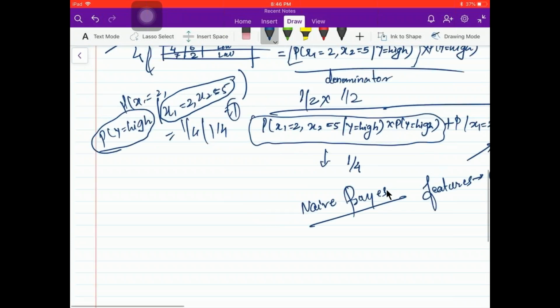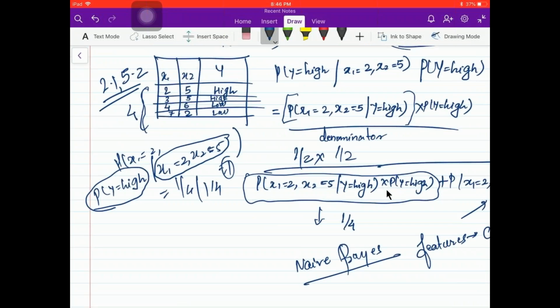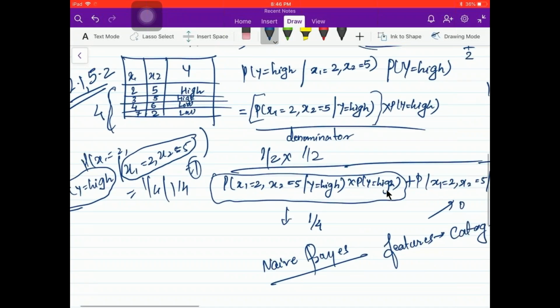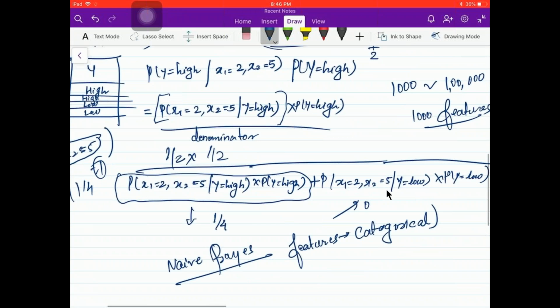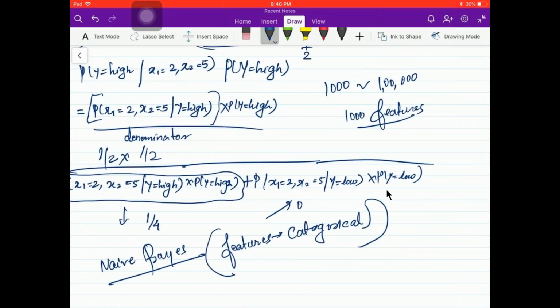I easily could find out the probabilities concerning that. But what if there were numerics 2.1, 2.2, and now I want to predict for 2.3? That is a different approach that you have to follow. We'll not see that right now. First, let us understand what naive Bayes does when you have categorical features.